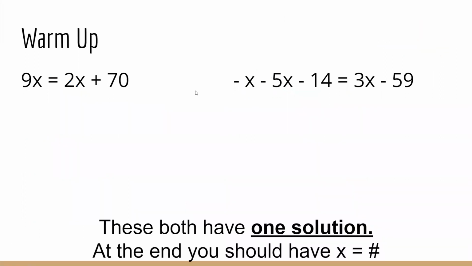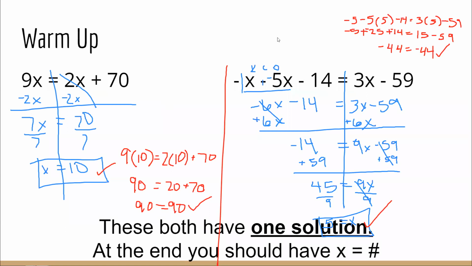So both of those have one solution because we got x equals a number. At the end, you should have x equals some number. So both these are considered one solution because x can only equal that one thing.